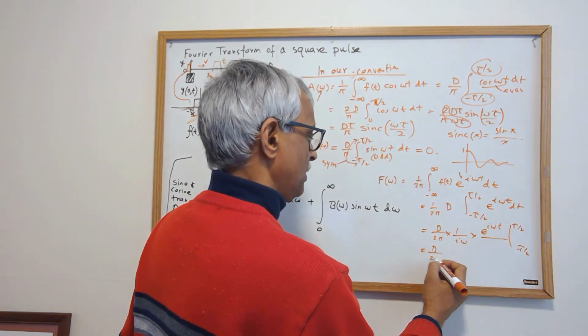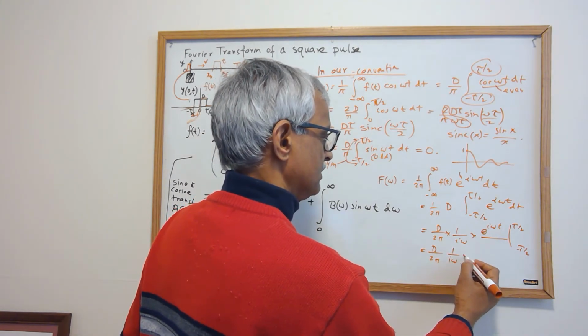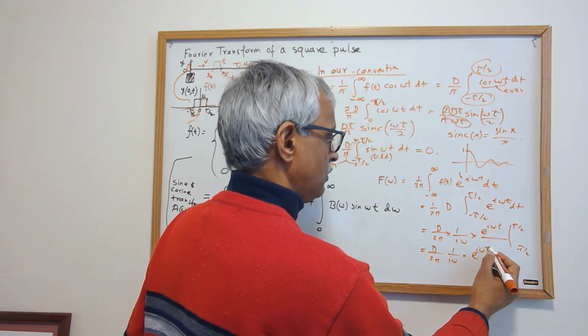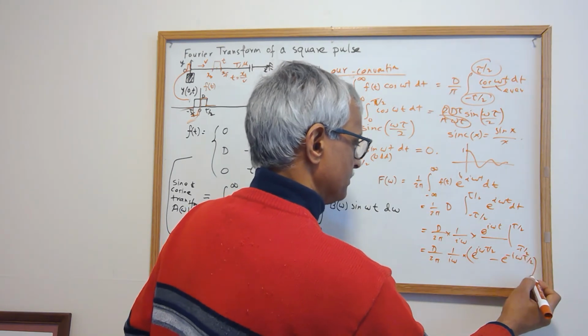So d over 2 pi, I have 1 over i omega, and then e to the power i omega tau over 2 minus e to the power minus i omega tau over 2.